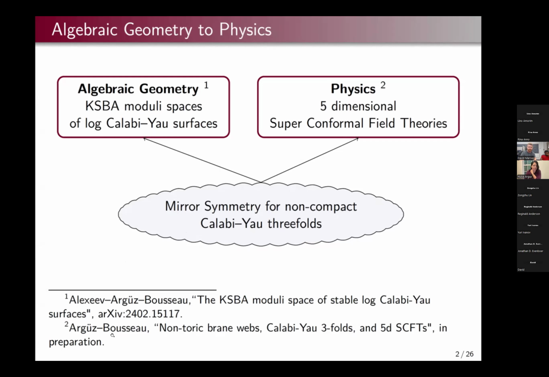And in 1 or 2 weeks, there will be a related paper on the physics side, giving a physics explanation of the story about the construction of 5-dimensional superconformal field theories, which is more related to M theory. But I will today talk about this part, and I heard that the M seminar is not necessarily about M theory, so I'm happy that I will tell you about the algebraic geometric side of the story.